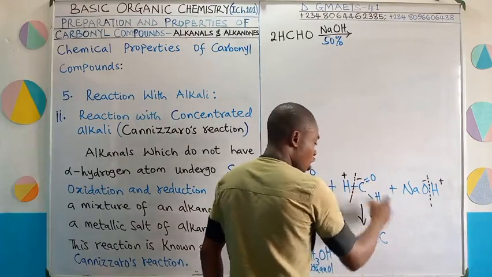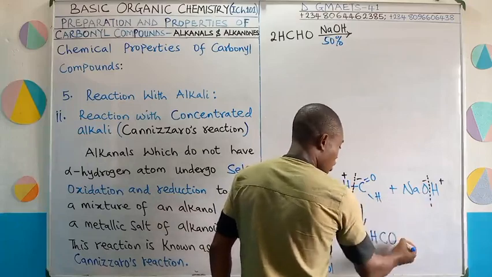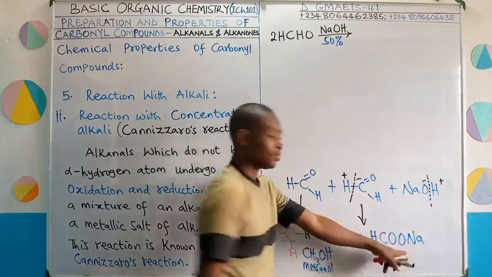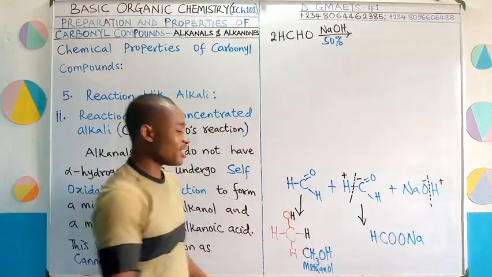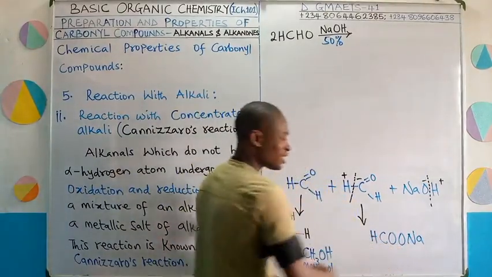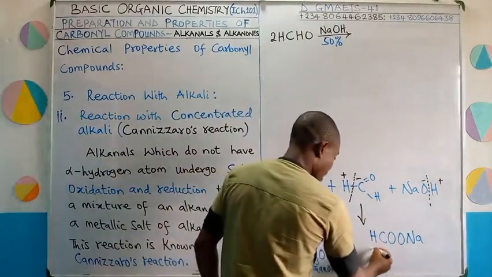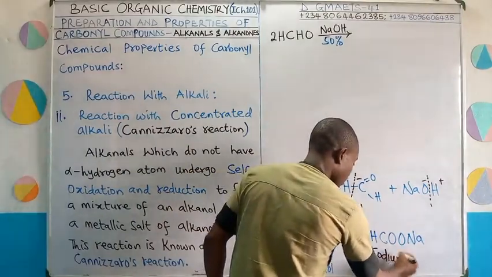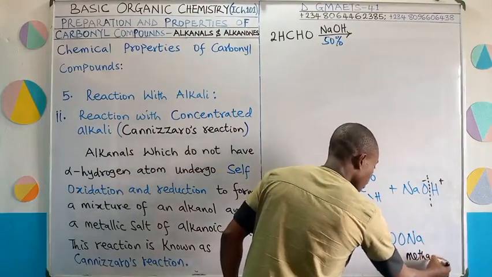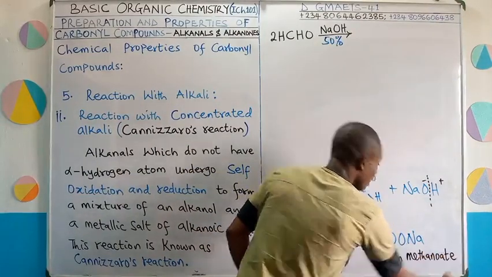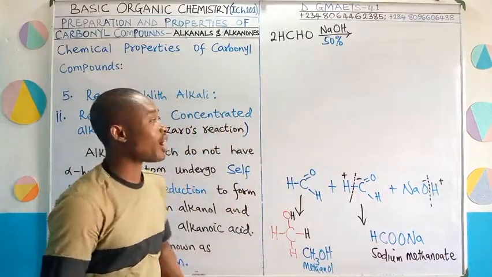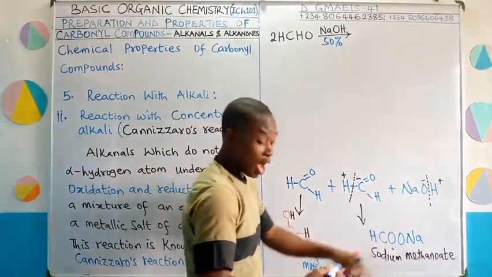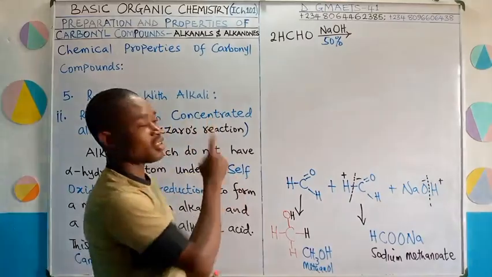And then, of course, this is O. And we have this oxygen and sodium here, so something like this. Okay? And this is sodium methanoate. Sodium what? Methanoate. It actually is the sodium salt of an alkanoic acid. These 2 products are our interest in this Cannizzaro reaction.